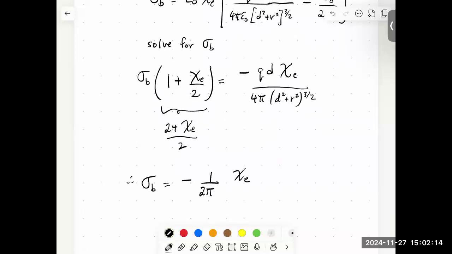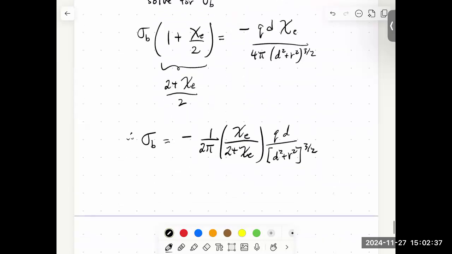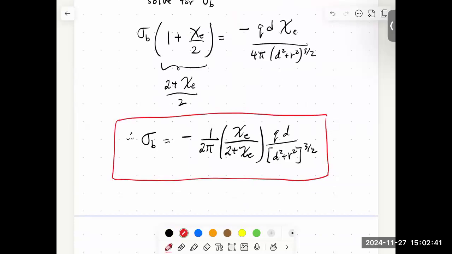We have this factor of susceptibility divided by 2 plus the susceptibility. And then we just have qd over d squared plus r squared to the 3/2 power. And that is our bound charge.